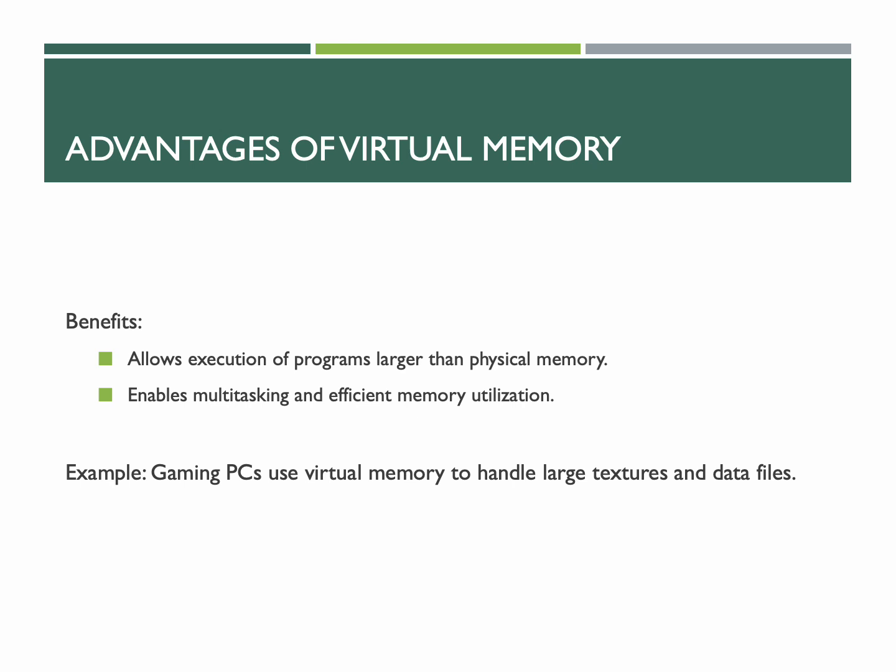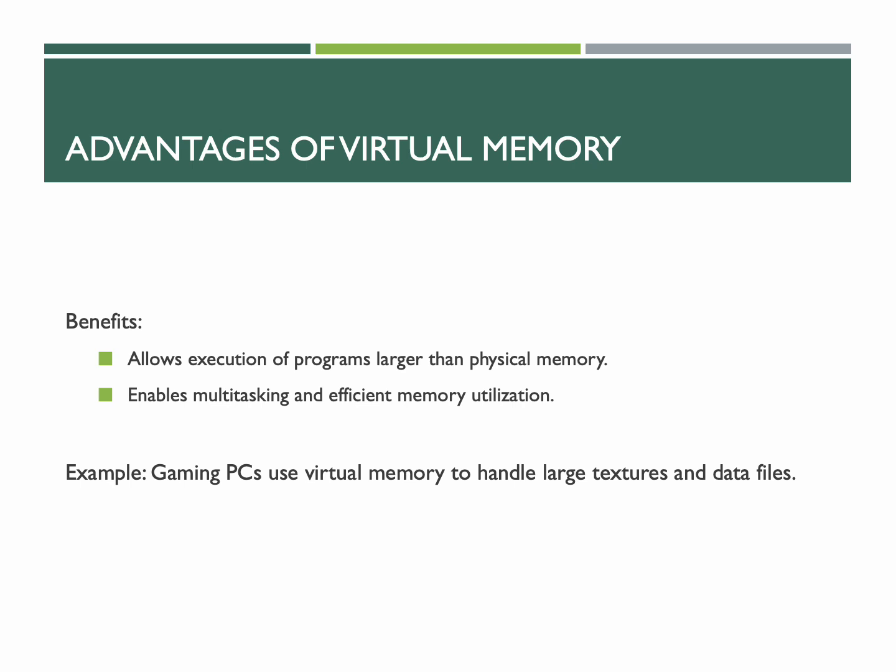Second is that it enables multitasking and efficient memory utilization. Virtual memory supports multitasking by dynamically allocating memory to active processes and swapping out inactive ones. This ensures efficient memory use and prevents the system from running out of physical RAM.